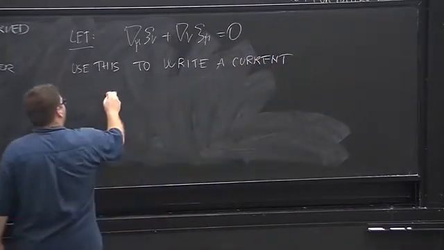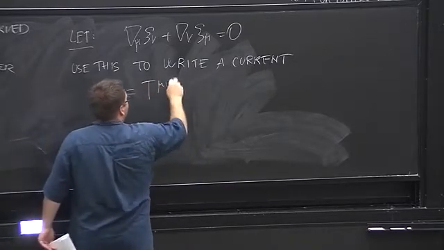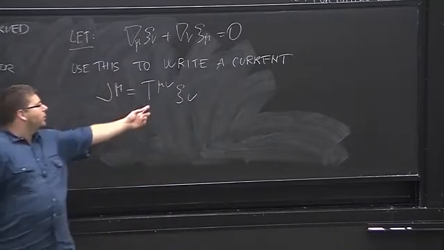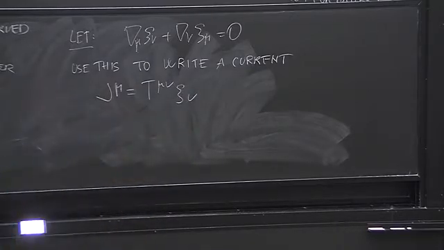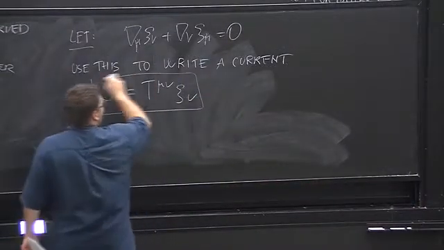I'll define J^mu to be T^{mu nu} psi_nu. This is my energy-momentum tensor T^{mu nu}, and this is my Killing vector psi. I just contracted one index between them, and so I get a vector J^mu. This is my definition of a new object.